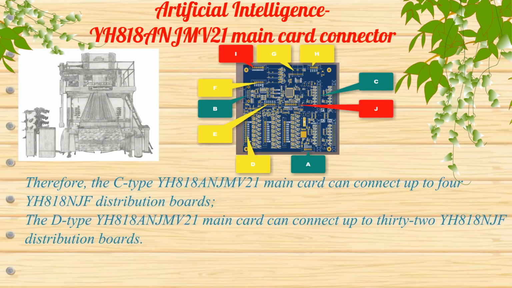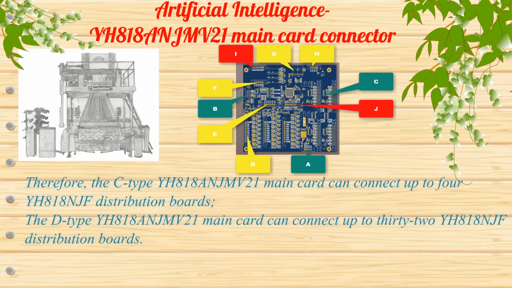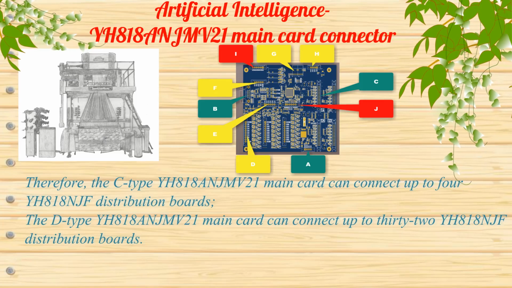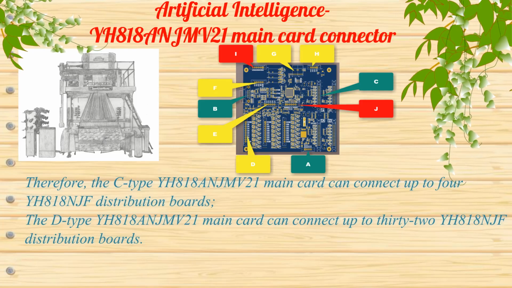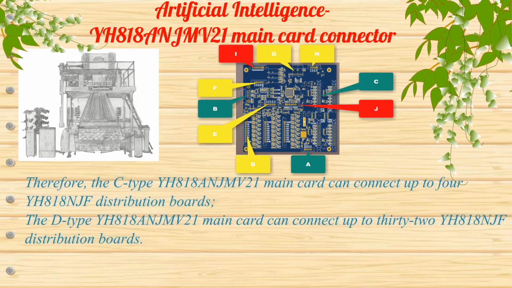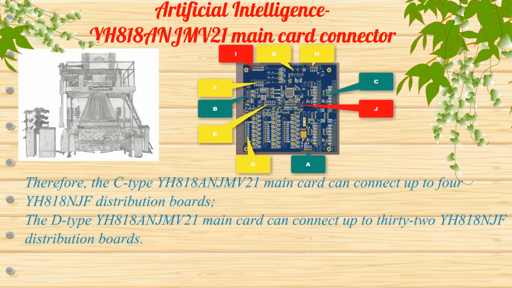Therefore, the C-type YH818ANJMV21 main card can connect up to 4 YH818ANJF distribution boards. The D-type YH818ANJMV21 main card can connect up to 32 YH818ANJF distribution boards.